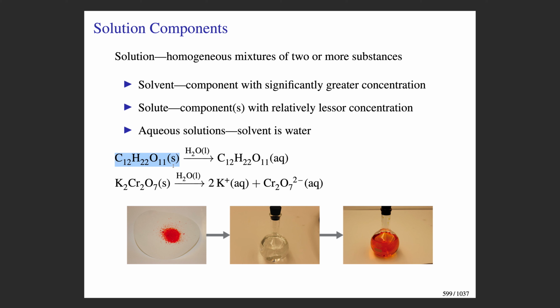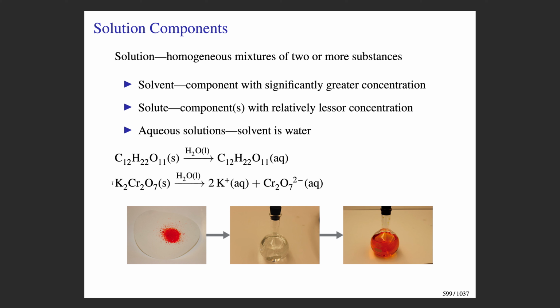Here we've got our sugar. It's a solid. We dissolve it in water, and that gives us the dissolved solute. This would be an example of a molecular compound that is combined with water to form a solution.